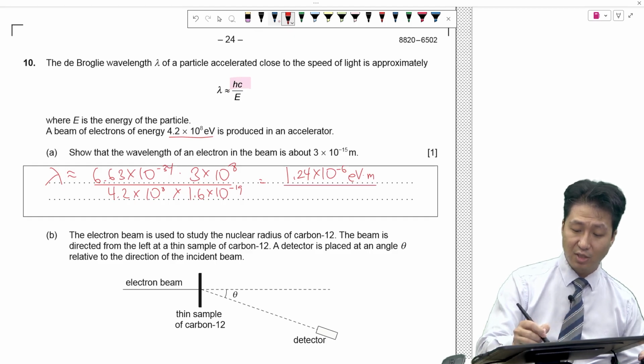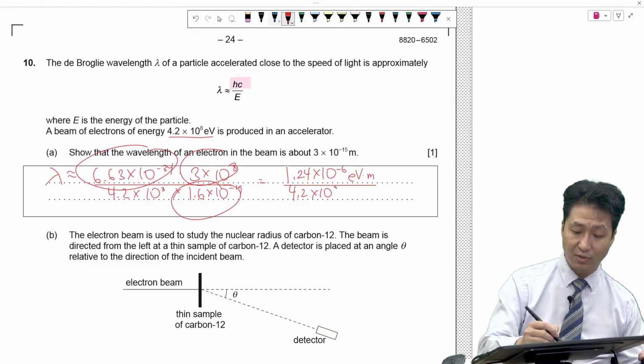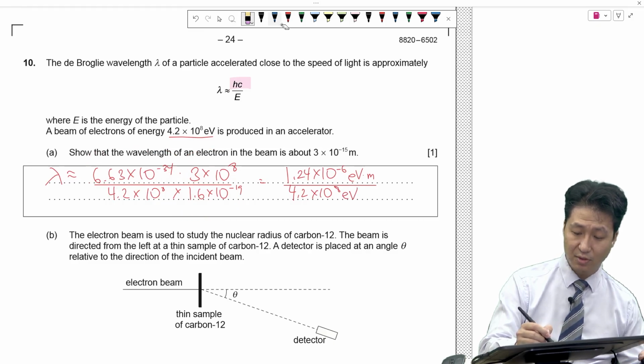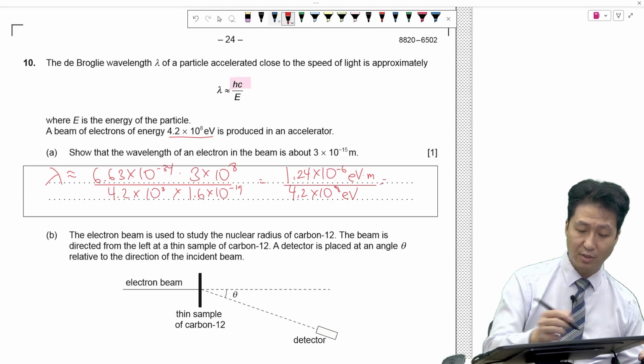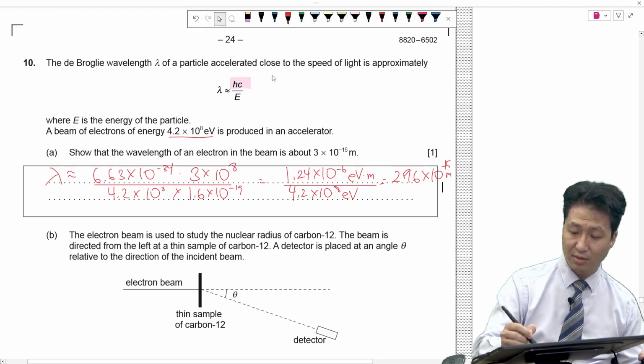So the reason this is a lot faster is you don't have to multiply these values. You just divide by 4.2 times 10 to the 8th electron volts. Without any conversions, you would get 2.96 times 10 to the negative 15 meters.